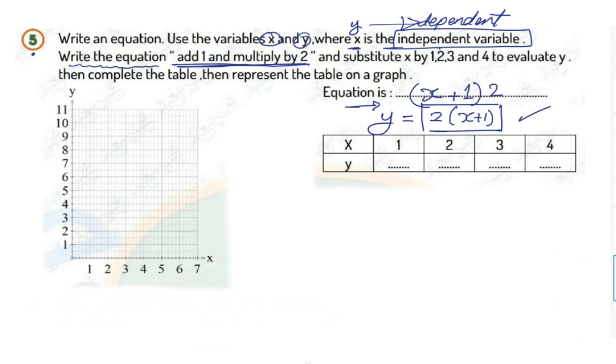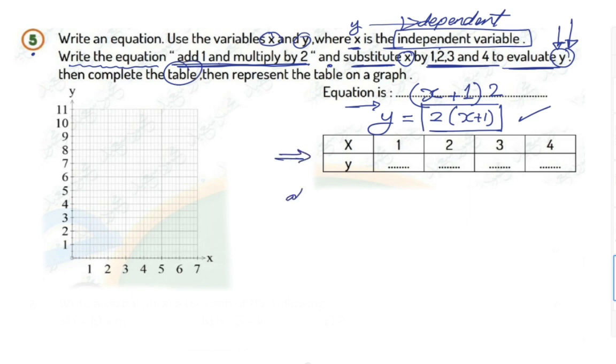Now after that, we substitute x by these values 1, 2, 3, and 4 to evaluate y. So I will substitute x by 1 and find the value of y, then by 2, by 3, and by 4, and find the value of y. Then I will put these numbers in this table.